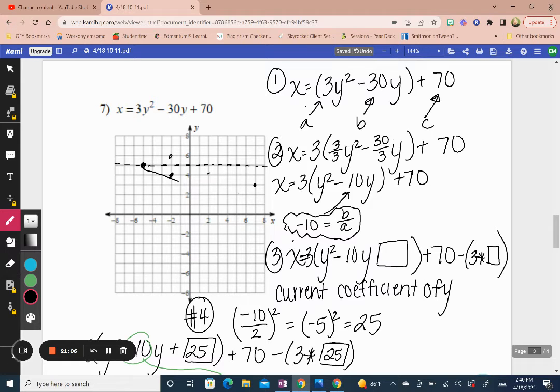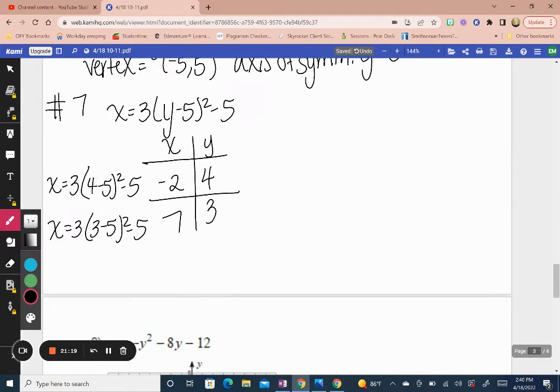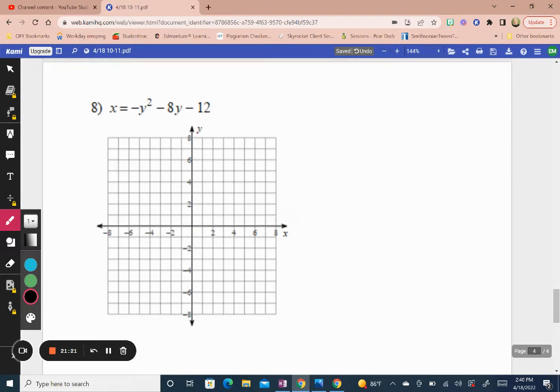And then I'm going to also reflect it on the other side. It should look something like this. That was number 7.